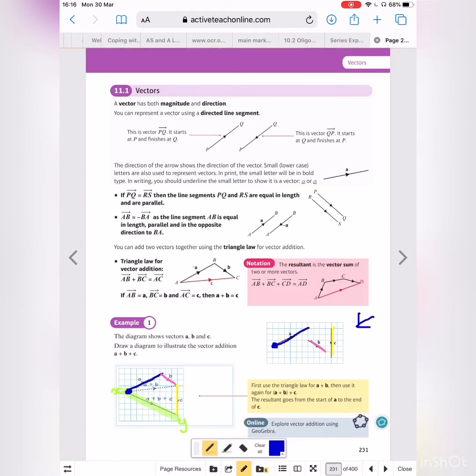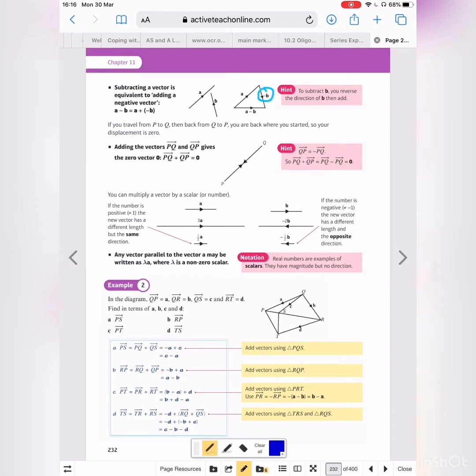So we've started at X. We've gone along A. We've then gone along B. And we've then gone down C. So as you can see, when we combine all of those vectors together, we actually just get the line which I've labelled XY. It's just along from X to Y. Another name for that is A plus B plus C, because it's all of those vectors added together.